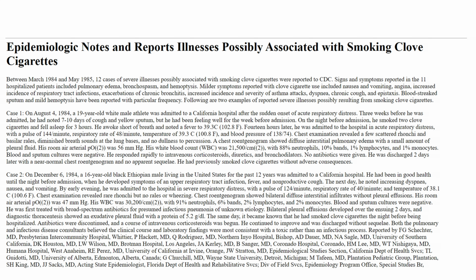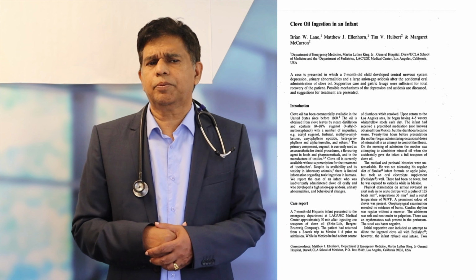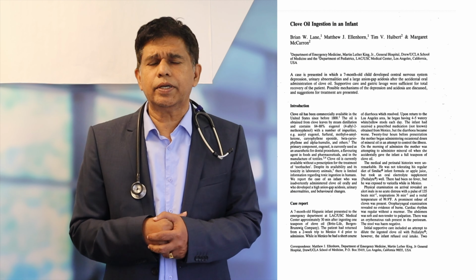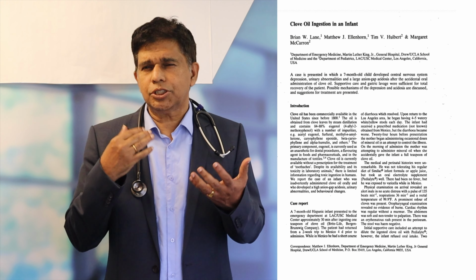Okay. The next case is about clove cigarettes. People are smoking clove cigarettes. A lot of respiratory complications, lung issues, pneumonitis. They start having fever, cough, a lot of symptoms related to pneumonia. The next case report is about a 7-month-old patient who ingested clove oil.